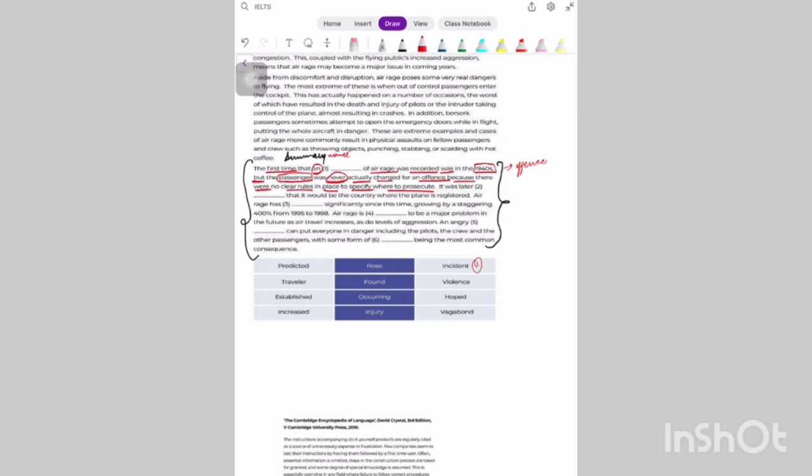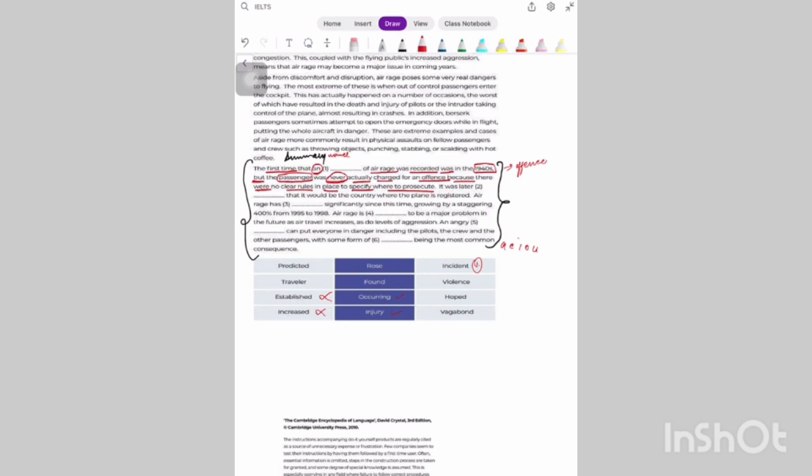Let's first see how many words would fit in the vowel category: A, E, I, O, U. Okay, E is there, I is there, O is there, again I, and then no. The first time that an establish of air rage doesn't make sense. The first time that an increase of air rage was recorded is grammatically wrong.